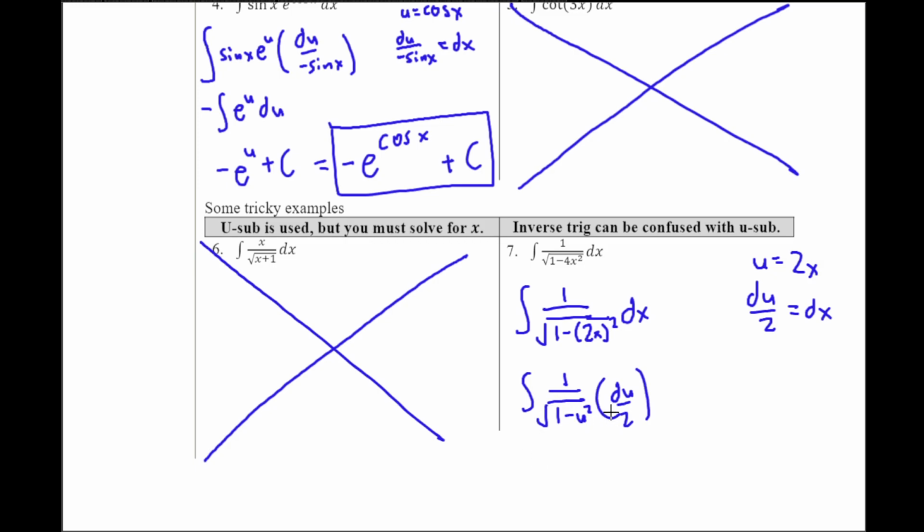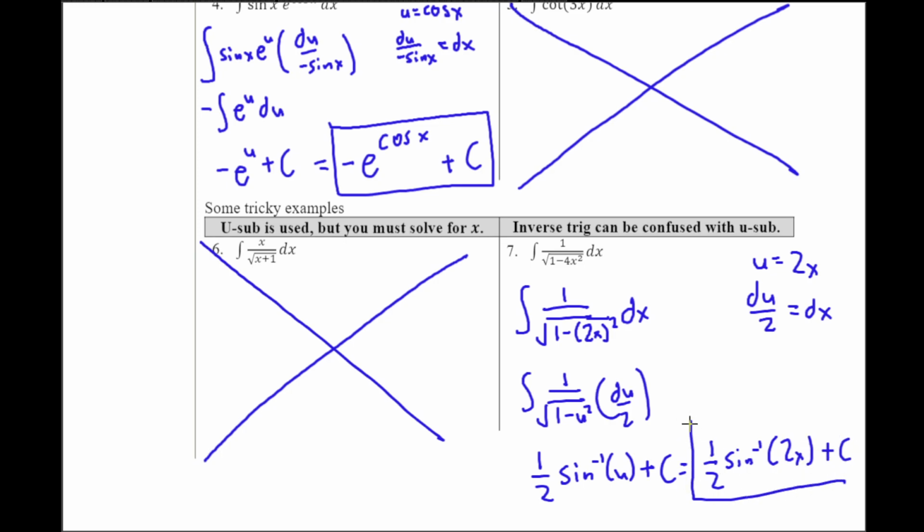So now you can bring the 1/2 out front. The integral of 1 over square root of 1 minus u squared, well, that's just arcsine of u plus c, which is just 1/2 arcsine, plug the 2x back into u, plus c.